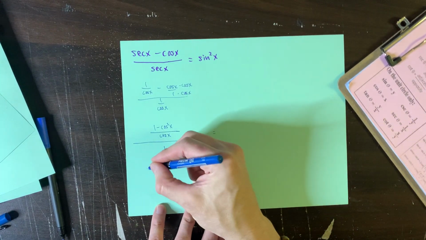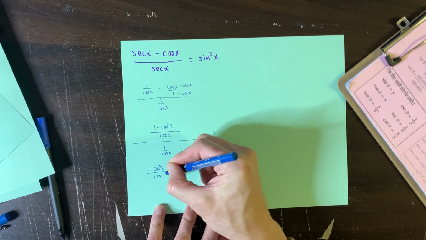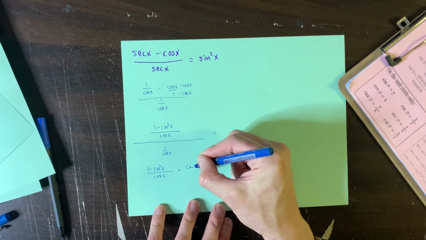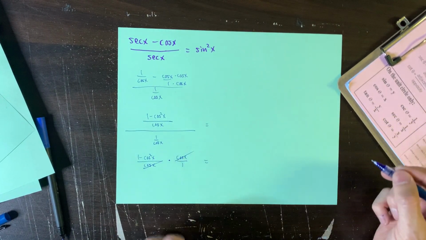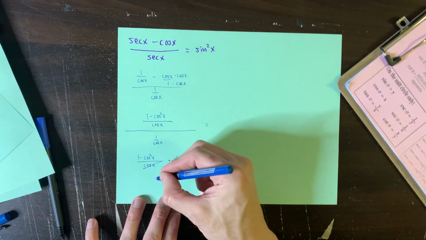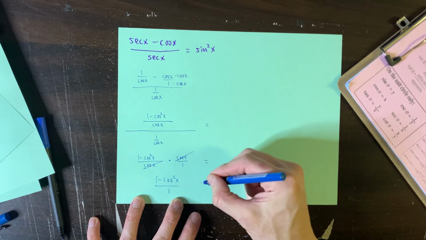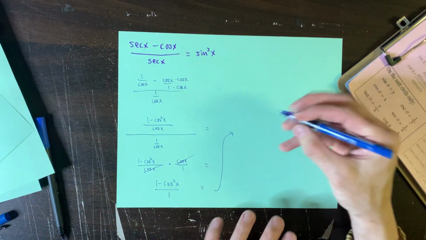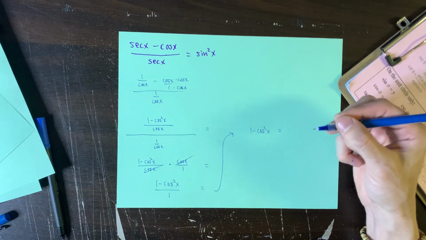Then we keep the top fraction the same and multiply by the reciprocal of the bottom fraction. It's convenient that these knock out, and so we have left 1 minus cosine squared x over 1. But over 1 can just disappear, so it's 1 minus cosine squared x.